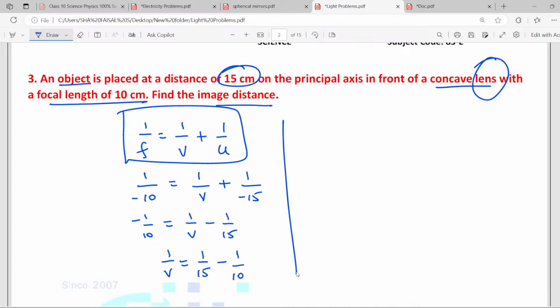Simplify this value, 1 by v equals, take LCM for 15 and 10, it will be 30. Multiply and divide by 30. 15 2s are 30, 2 into 1 is 2. 10 3s are 30, 3 into 1 is 3, 2 plus 3 is 5. So 5 by 30. Followed?